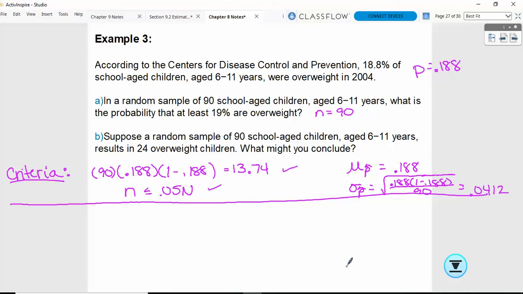We get 0.0412. So now we can actually do part A. Everything I did was just describe my sampling distribution. Check your criteria, mean, standard deviation. I want the probability, 19%. Anytime you're talking about percents, that's your proportion. So my p hat, at least, means greater than or equal to 0.19.